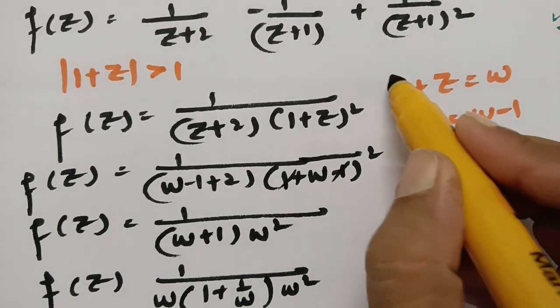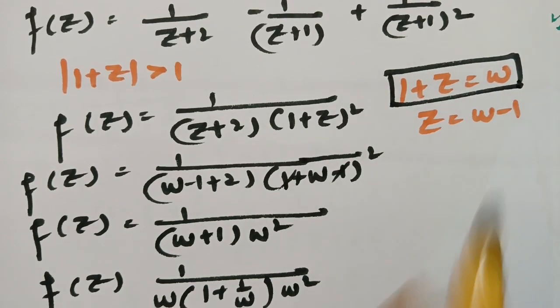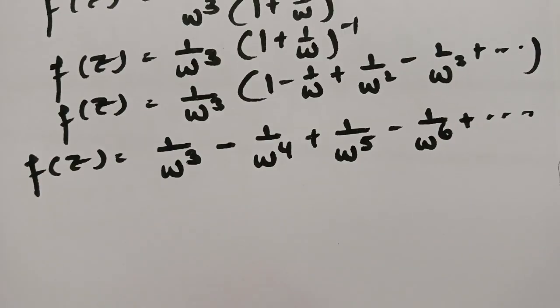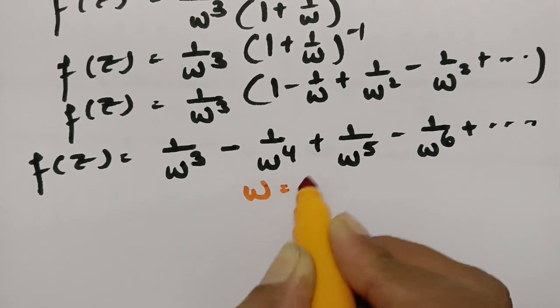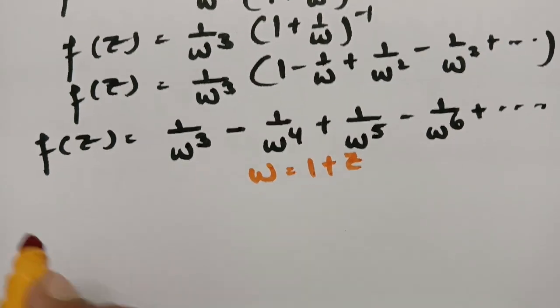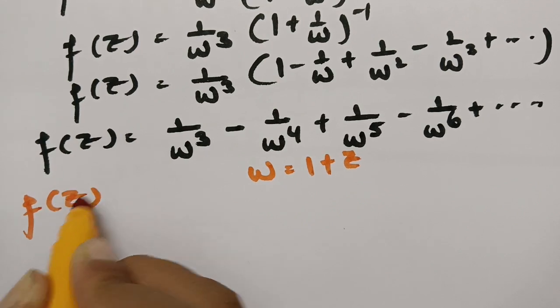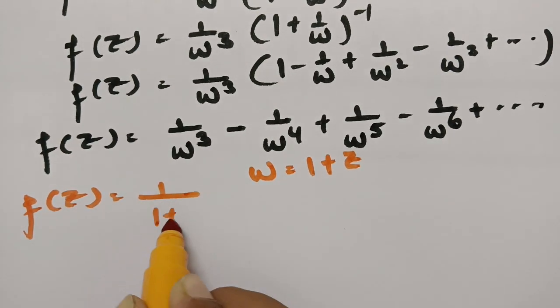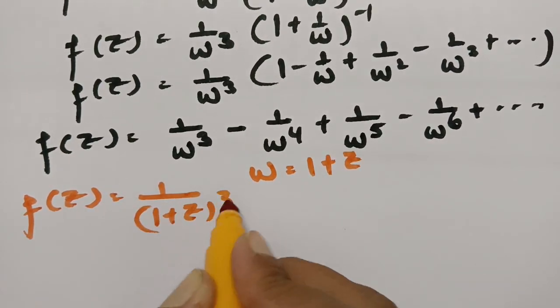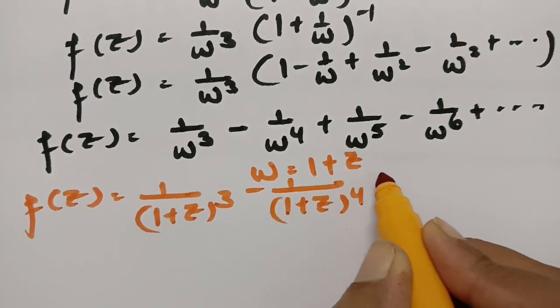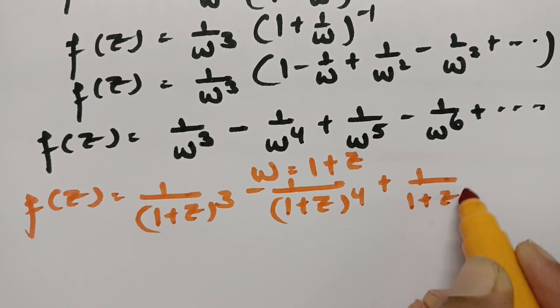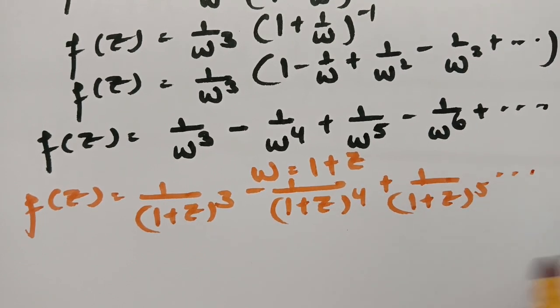So what is w here? w is nothing but 1 plus z. If I substitute w equal to 1 plus z, then our f of z expansion will be 1 by (1 plus z) whole cube minus 1 by (1 plus z) power 4 plus 1 by (1 plus z) power 5, and so on.